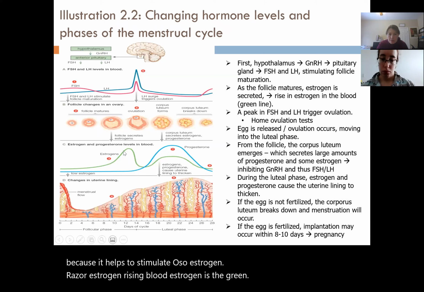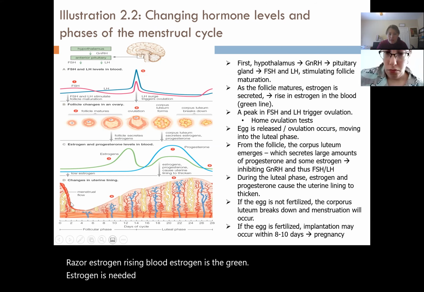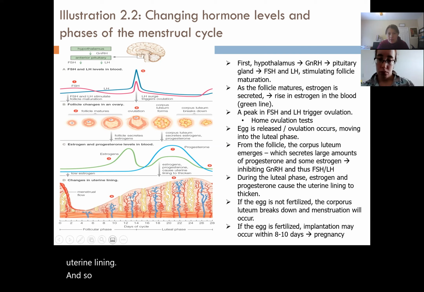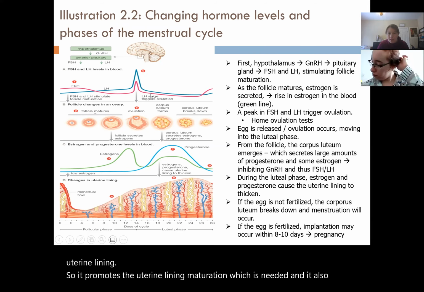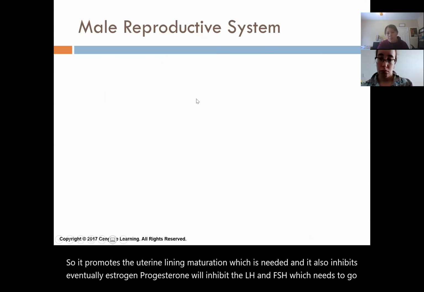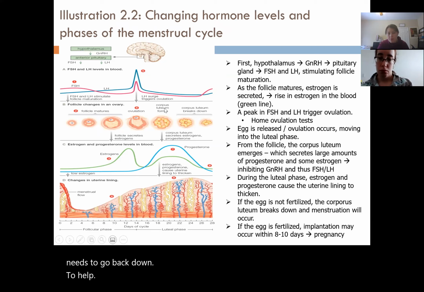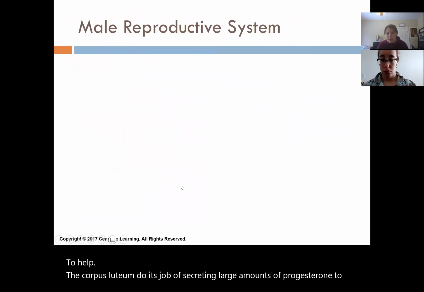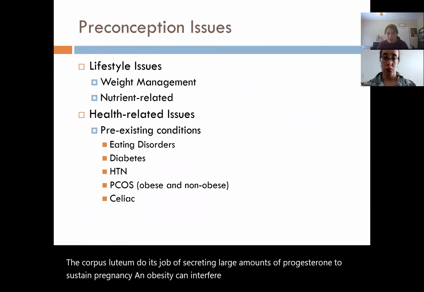Estrogen is needed because it supports the changes in the uterine lining, so it promotes the uterine lining maturation, which is needed. And eventually estrogen and progesterone will inhibit the LH and FSH, which need to go back down to help the corpus luteum do its job of secreting large amounts of progesterone to sustain pregnancy, and obesity can interfere with that process.